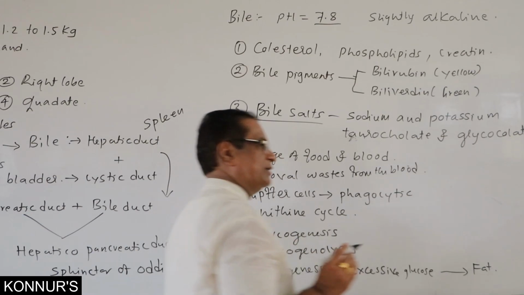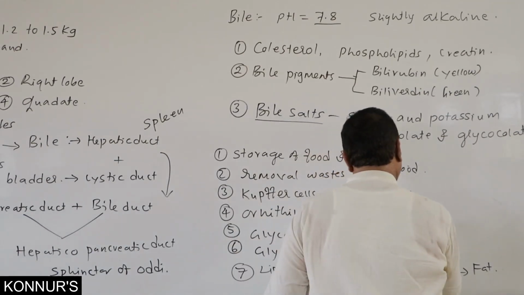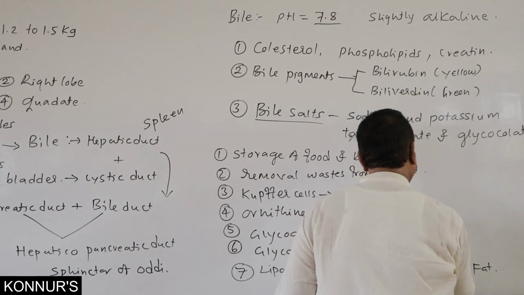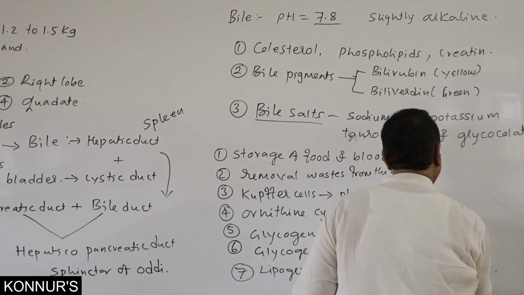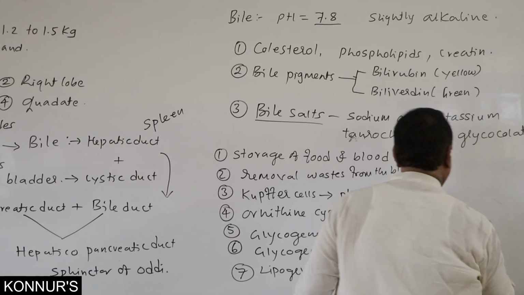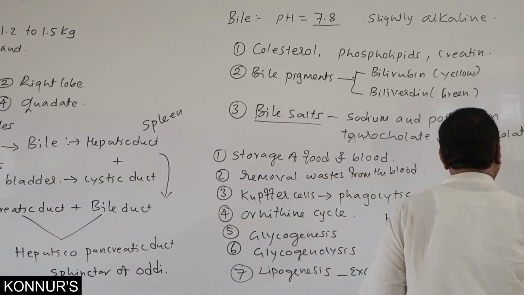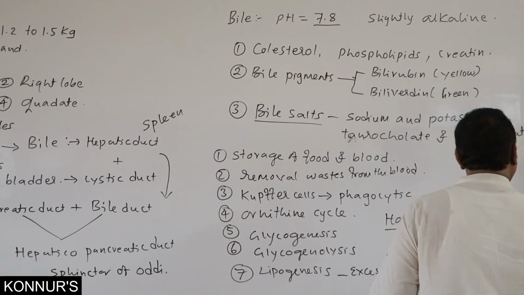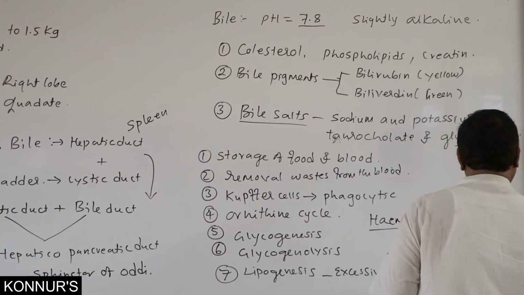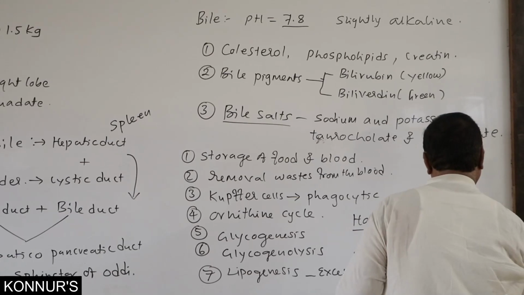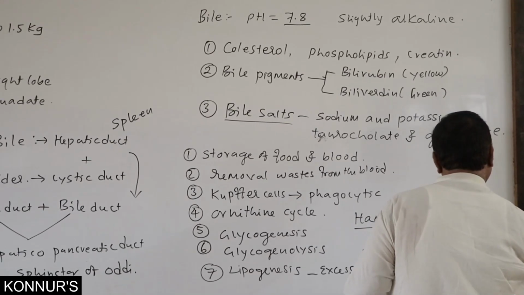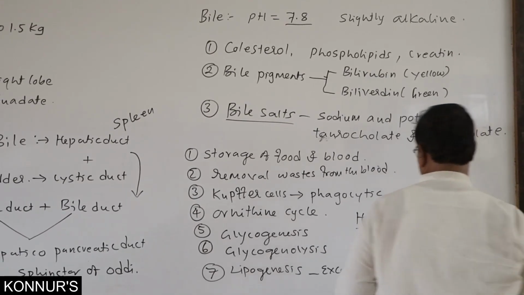And one more thing that takes place in the liver is hemopoiesis. Hemopoiesis, that is the formation of erythrocytes, means RBC.